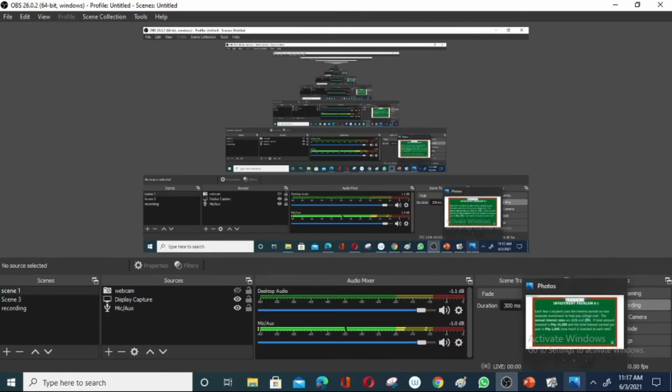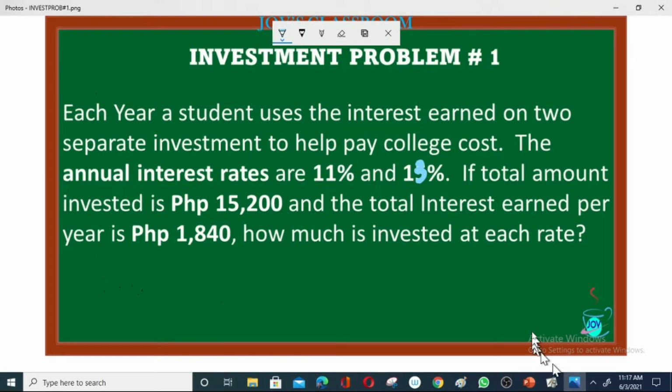Let's start solving problem number 1 under the investment problem in algebra. The problem says, each year a student uses the interest earned on two separate investments to help pay college costs. The annual interest rates are 11% and 13%.